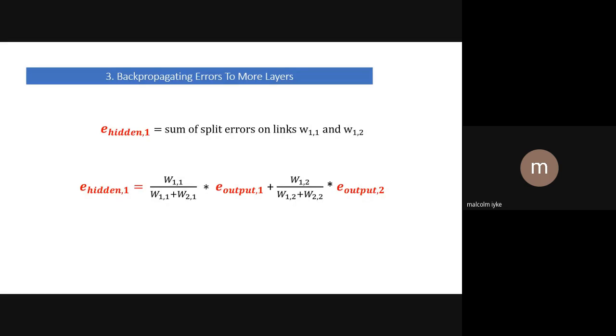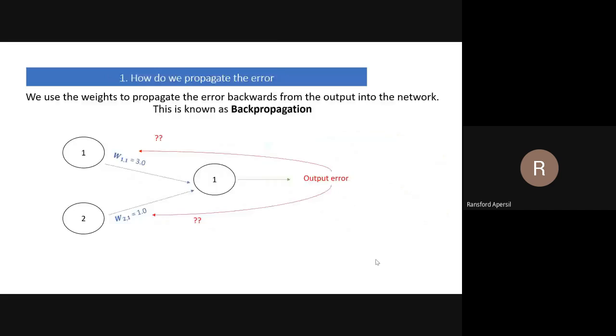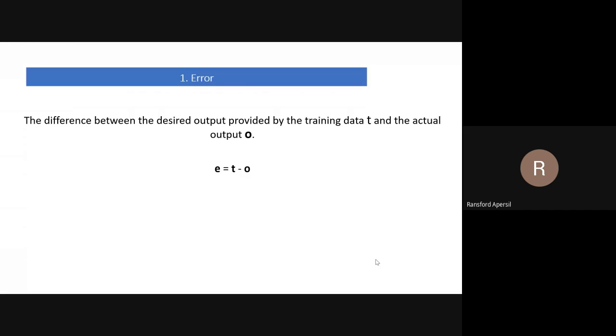That's the error we were trying to find from the last class, from the weight one-one. Sure, but here we are using two networks altogether. This network is different from the one we used earlier.